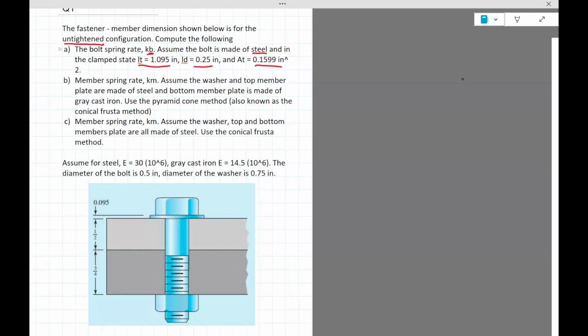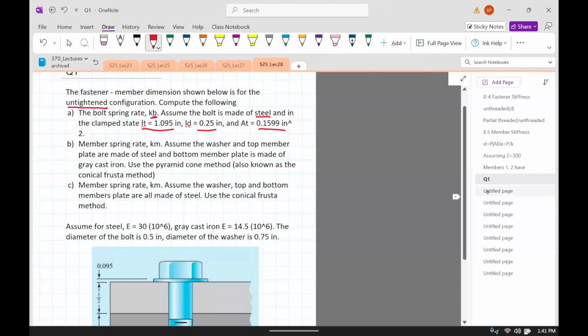So let's just compute the bolt spring rate. Okay, so you can see that the bolt has two parts to it, the threaded part and the unthreaded part, and that's why you need to use the springs in series formula.